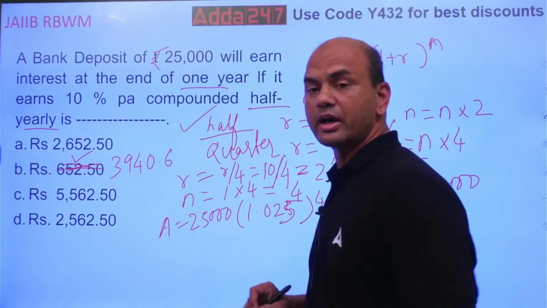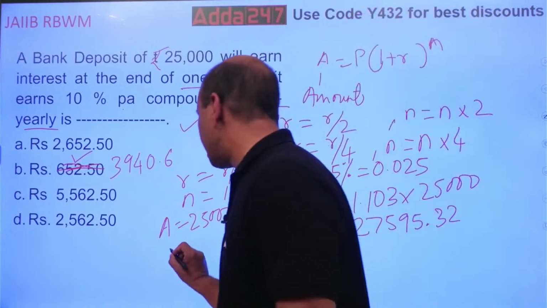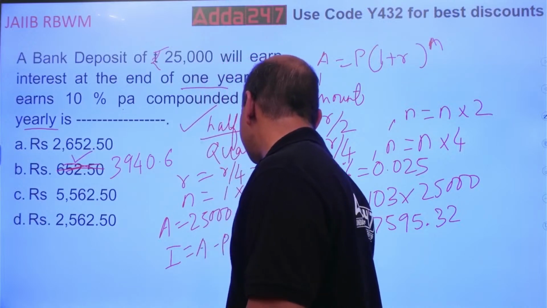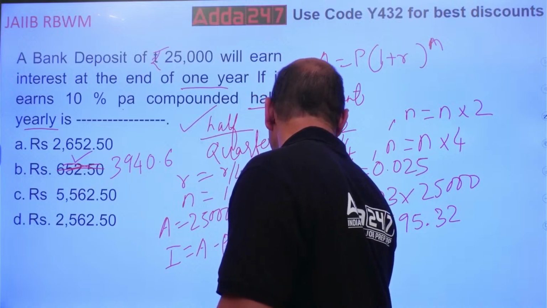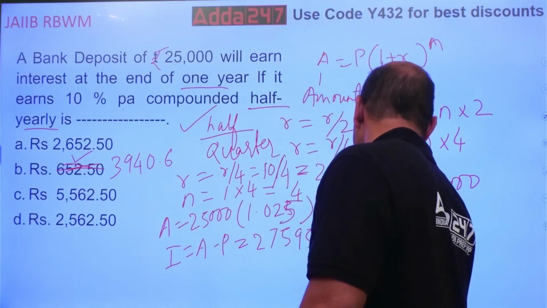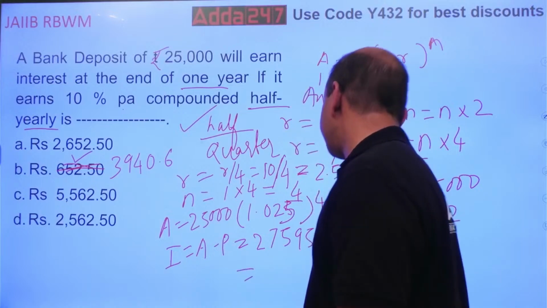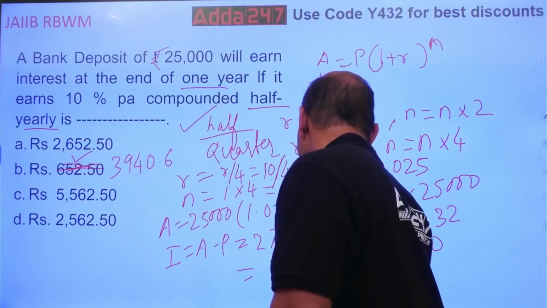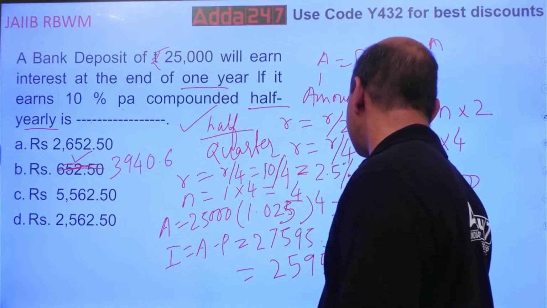But what do I want? I want interest. Interest is I equals A minus P, so 27,595.32 minus 25,000 equals 2595.32.